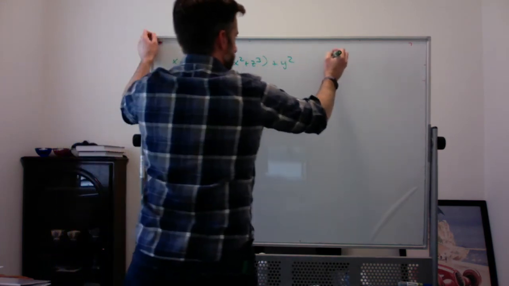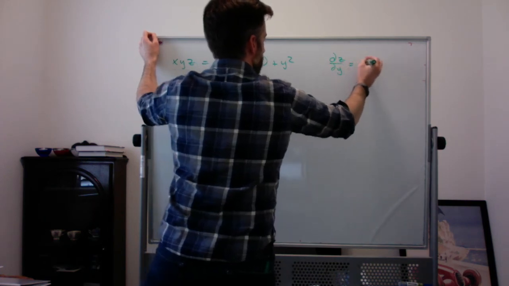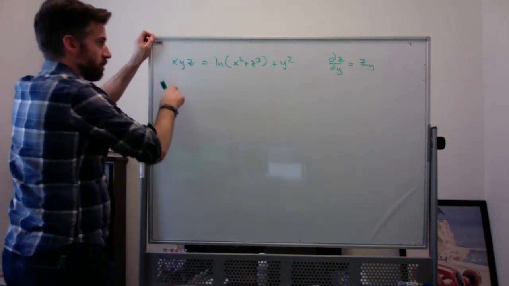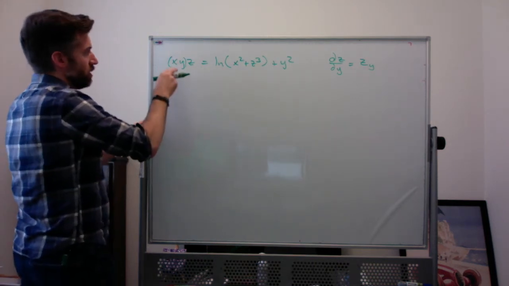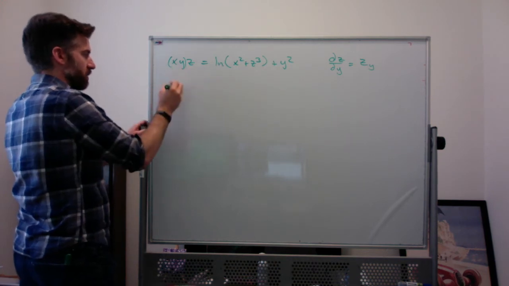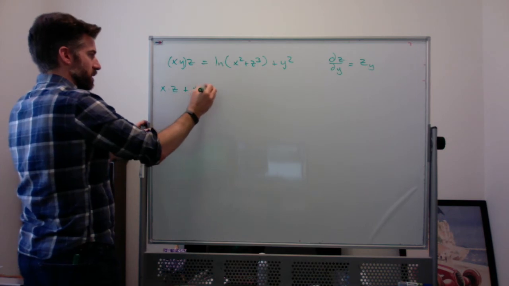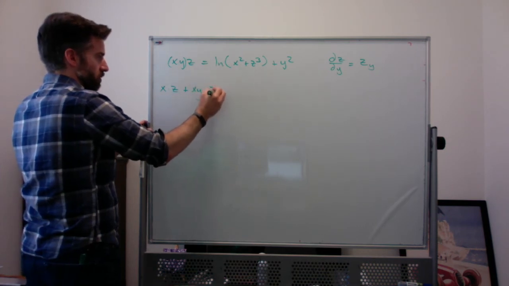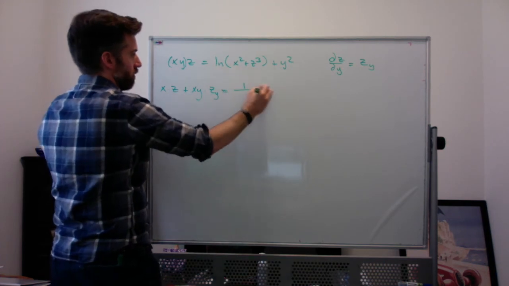Now we're going to try and find del z del y, which is zy. So taking the partials with respect to y, now x is acting like a constant. Derivative of xy is x times leave z alone plus leave xy alone. Derivative of z is zy, or the partial of z with respect to y. Derivative of the natural log of some stuff is 1 over the stuff.